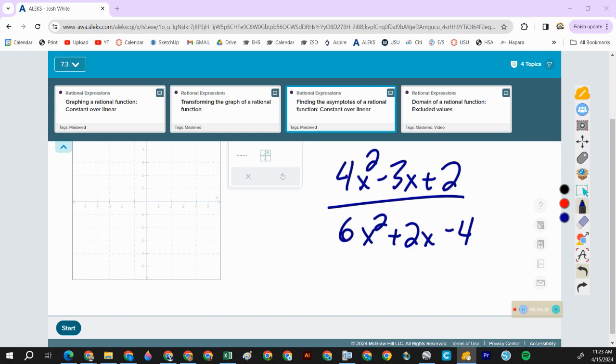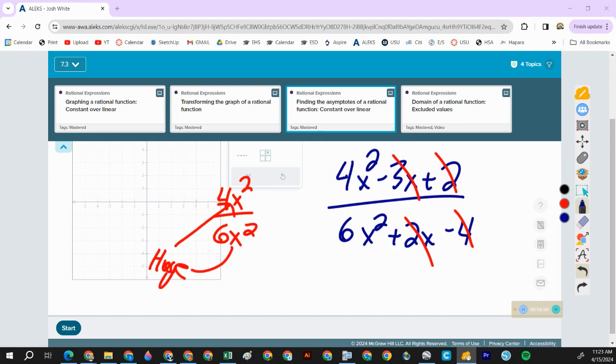What's going to happen on the edges? Well, when we plug in big numbers, this is insignificant. So is this, and so is this, and so is this. Okay? So let's look at 4x squared over 6x squared. What happens when I plug a huge number in there?